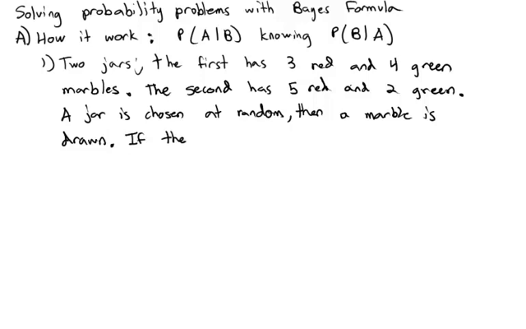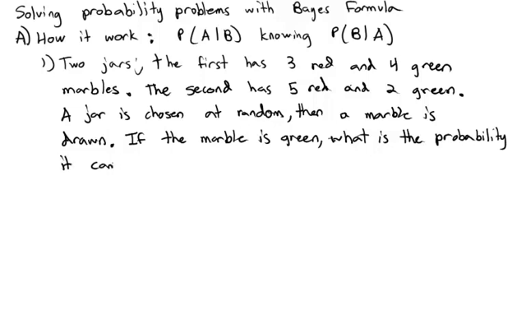If the marble is green, what is the probability it came from jar 1?